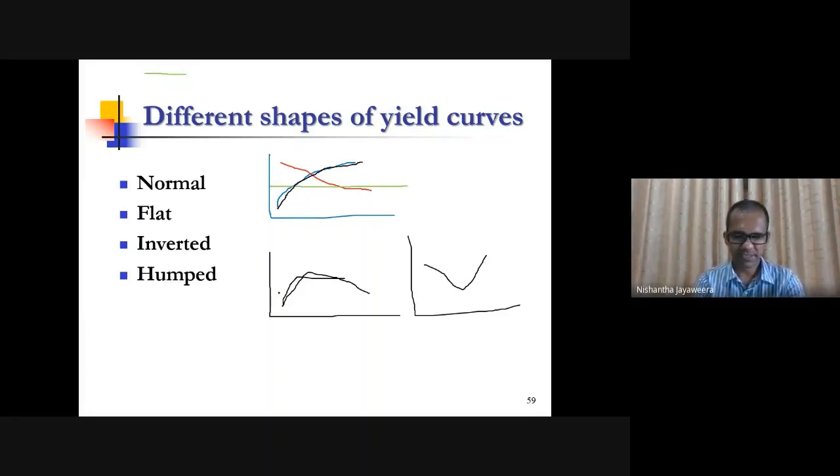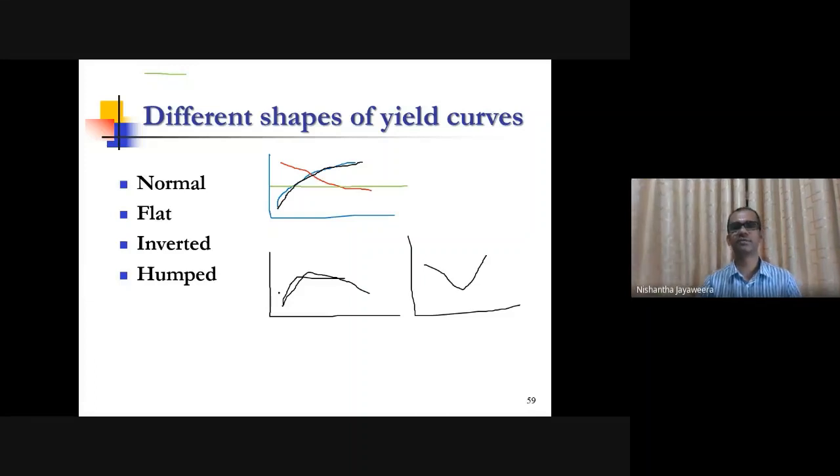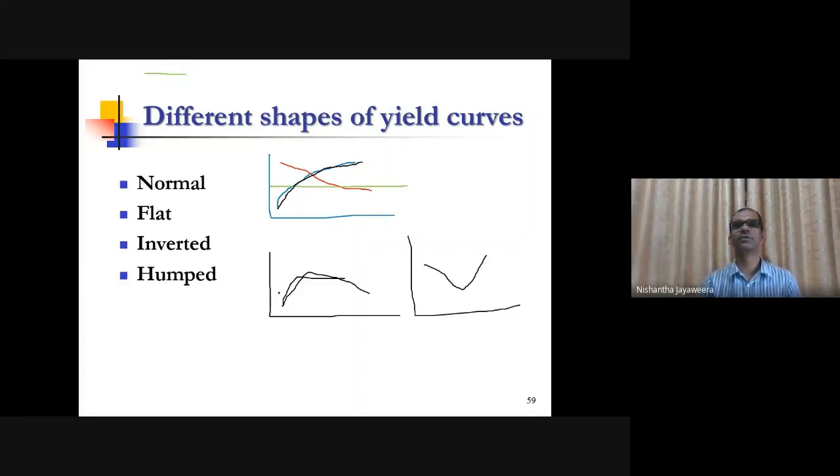There are different theories on this, expectation theory and things like that. I'm not going to discuss all those things, then it will be like an economics class. It's better if you can read about it. But generally in the market, how do you interpret a positive or normal yield curve?